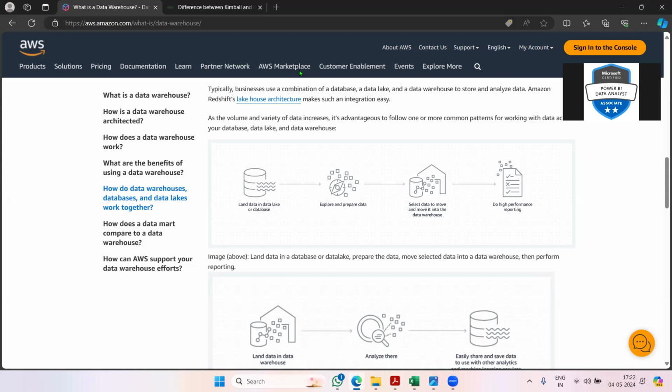Okay, so we'll just pause here. Any doubts with respect to data warehouse? Can you post it in the chat channel? Is it clear with the understanding? Because my basic thought is that people should be very clear and confident on the basics.